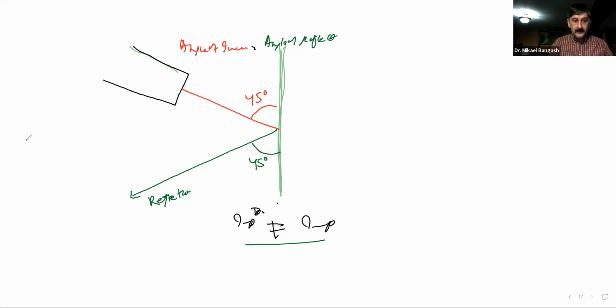Now, dear guys, there can be an instance where this sound wave here continues straight like this, and this is going to be your transmission. And it still makes a 45-degree angle with the boundary as well.